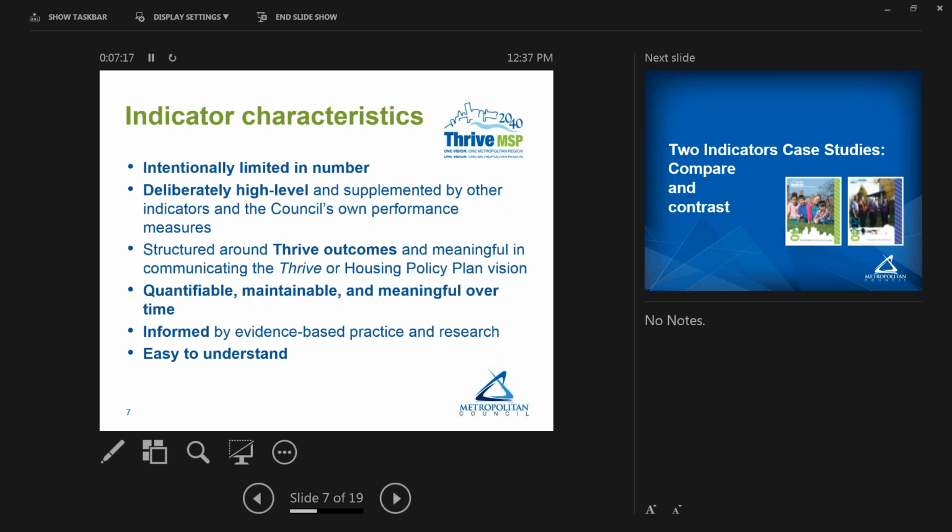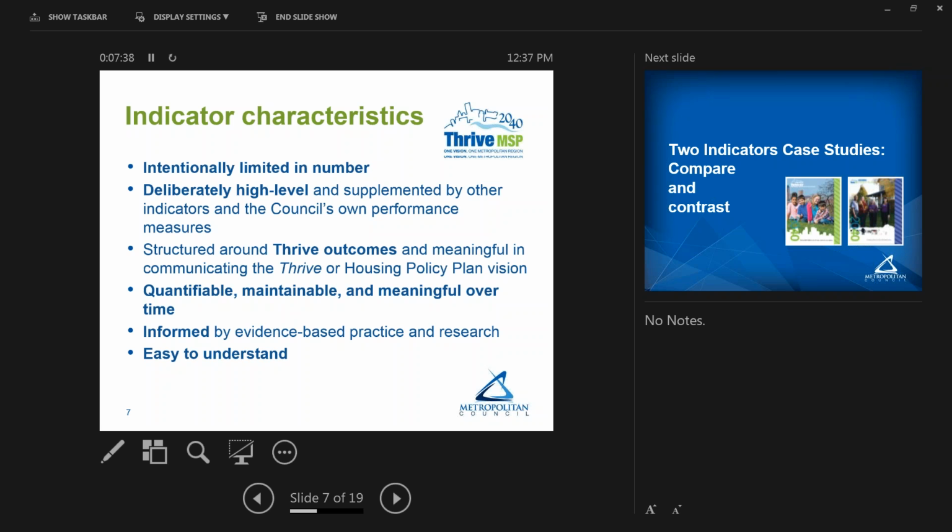Some of the more technical pieces, we wanted the indicators that were ultimately selected to be quantifiable, maintainable, and meaningful over time. So not everything that is important is measurable and quantifiable, but if we're going to do indicators, we decided to focus on the quantifiable. Meaningful over time, maintainable.